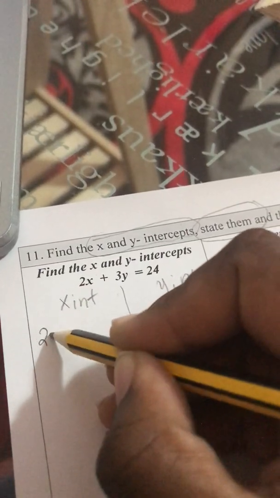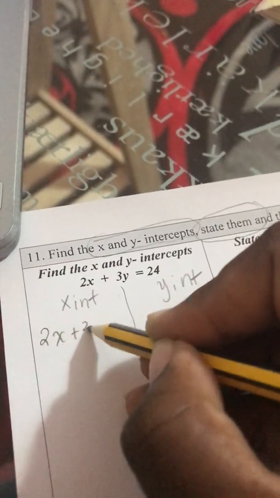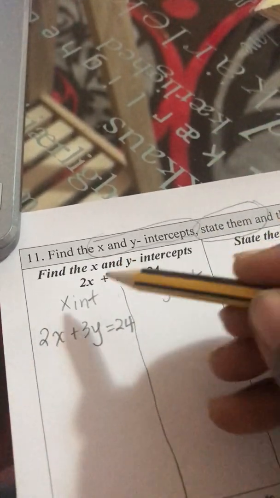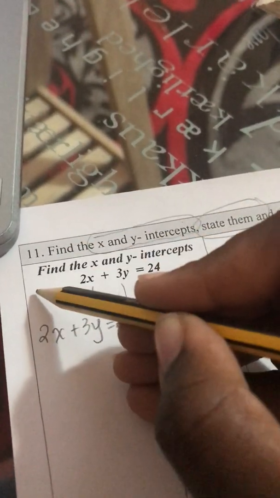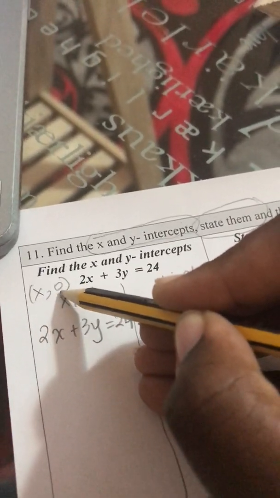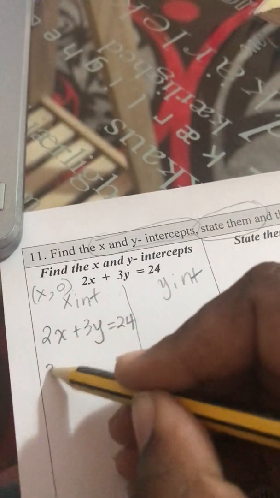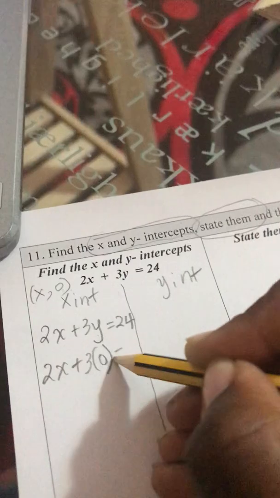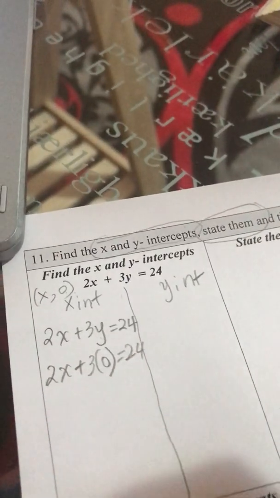So this is 2x plus 3y equals 24. When I have the x-intercept, it means x, 0. So who is 0? Y. Y must be 0. 2x plus 3 bracket 0 equals 24.